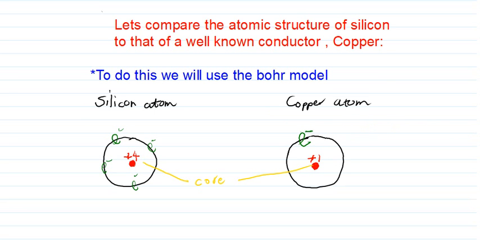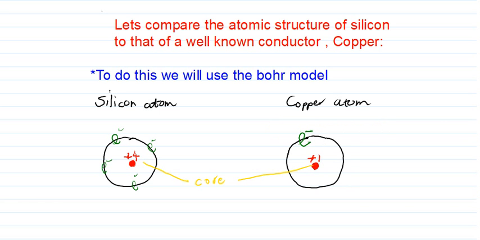It can flow, it can move out of the whole atom, because there's a very weak force holding it. So if an external force is applied, that external force will be able to overcome this attraction force because it's very weak, so that this electron becomes a conduction electron. I hope you get that, guys.